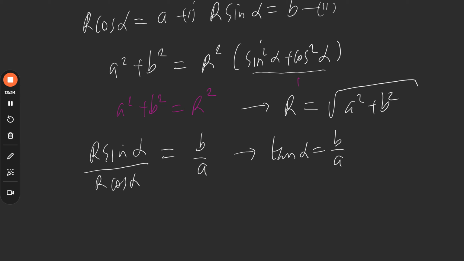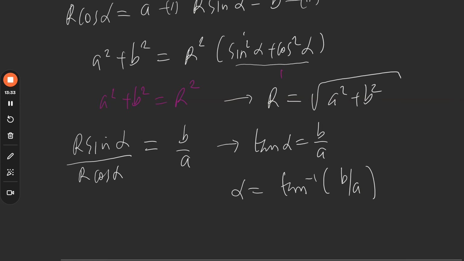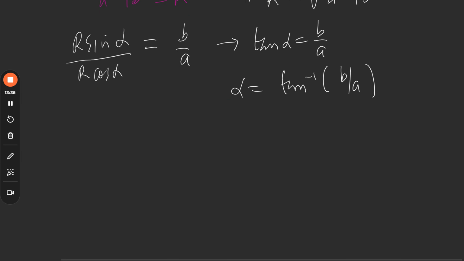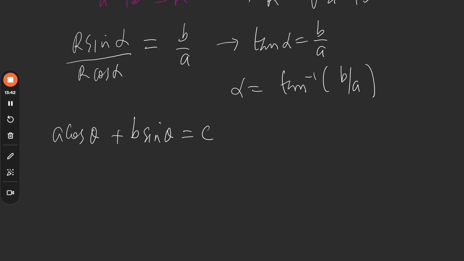And with tan alpha being equal to b over a, it means alpha now will be tan inverse of b over a. So simply, as we can see, we can now transform this equation equals c to the equation r cosine theta plus or minus tan inverse of b over a.